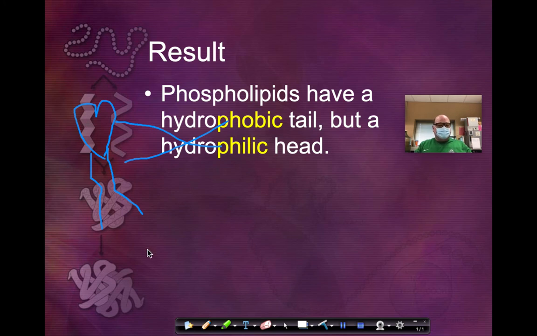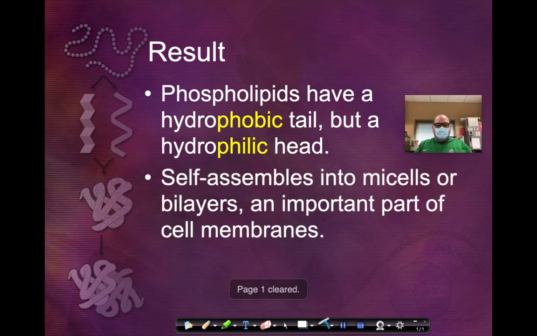And most cells exist in a very watery environment, so these tails try to point away from the water when they assemble themselves. So these self-assemble, okay? My cells are single layers of phospholipids. We usually are only concerned with bilayers.